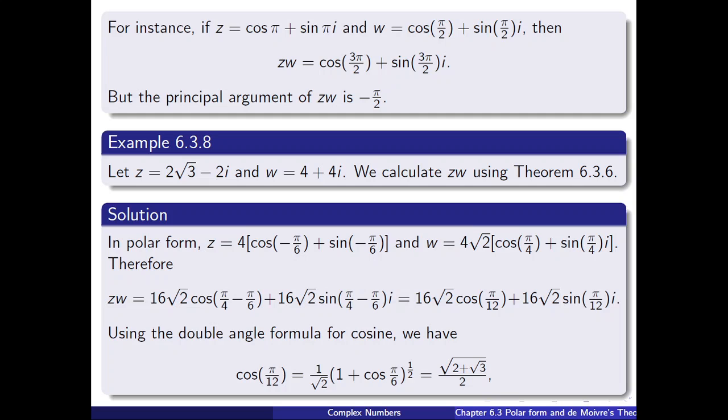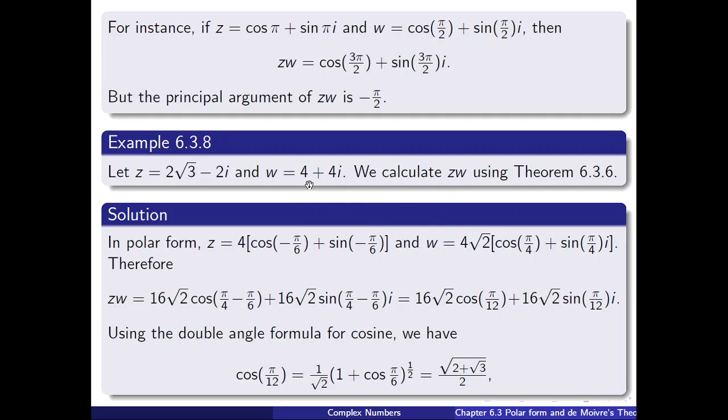And then let's look at another example, 6.3.8. Let z be equal to 2 root 3 minus 2i, and w be equal to 4 plus 4i, and we want to find zw using 6.3.6. So in polar form, z is going to be equal to 4. If you find the r and then the principal argument, it looks like that.